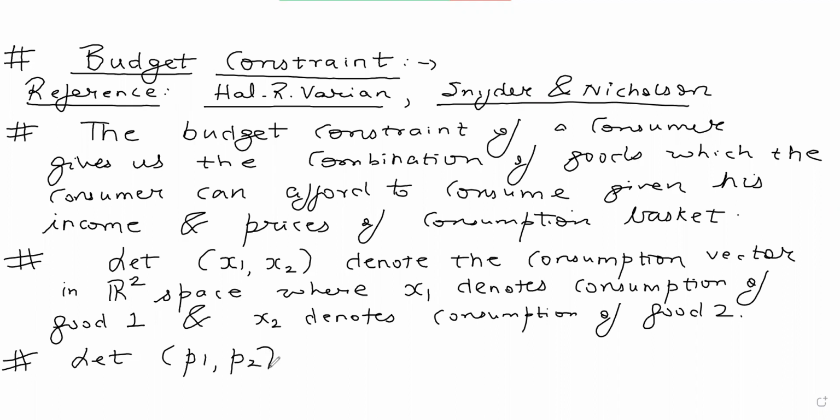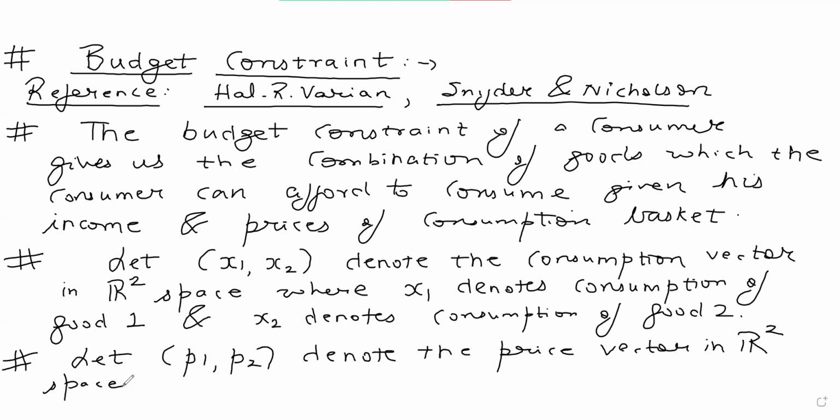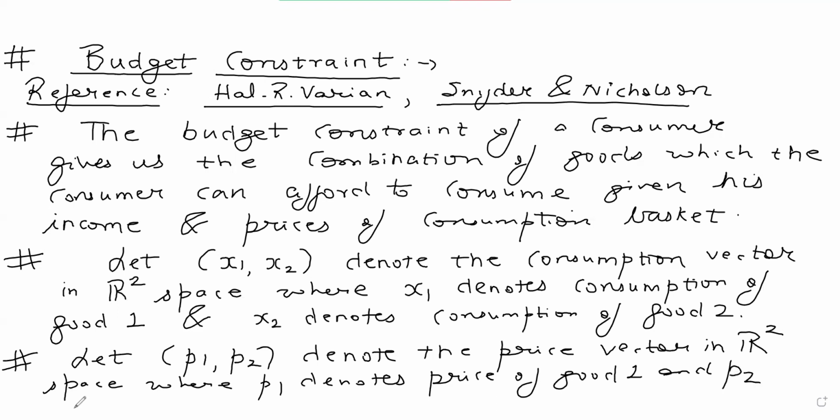Let P1 comma P2 denote the price vector, again in the R2 space. That means 2 dimensions, where P1 denotes the price of good 1 and P2 denotes the price of good 2.